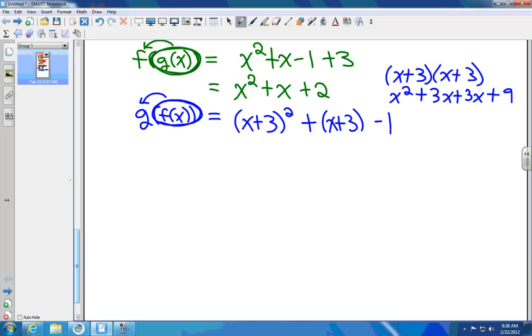So what would we have in the middle there? So that's what I'm talking about. Then you can replace that: x squared plus 6x plus 9 plus x plus 3 minus 1. And that way you don't have to go down the page as far on that.